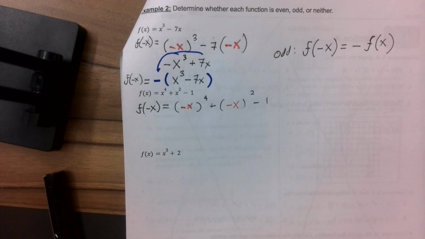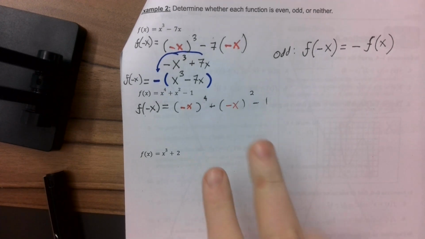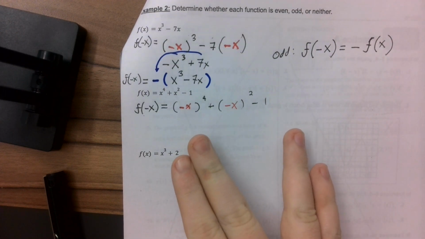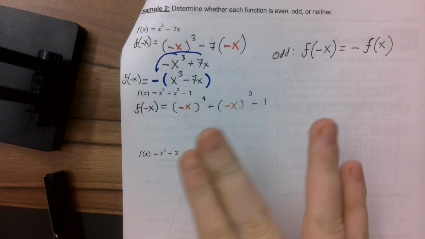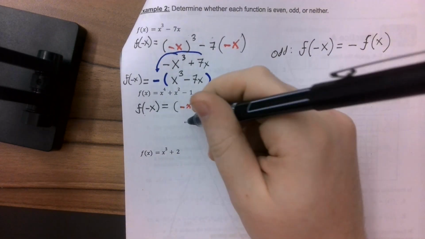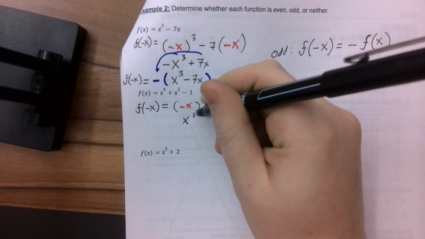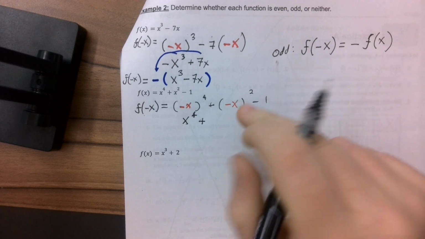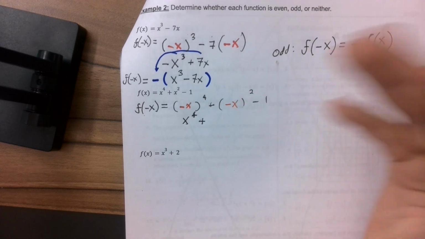Well, negative x to the fourth, that's a negative times a negative times a negative times a negative. 2 negatives make a positive, so it's a positive. 2 negatives make a positive, that's another positive. It's just going to be positive x to the fourth, isn't it? Plus, negative x squared is just negative x times negative x.